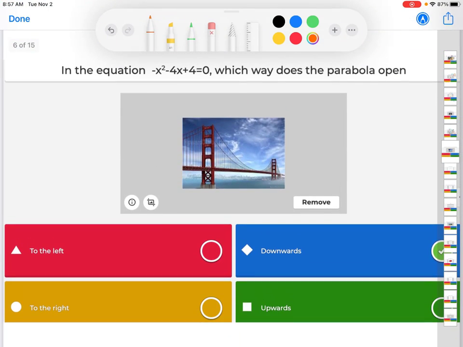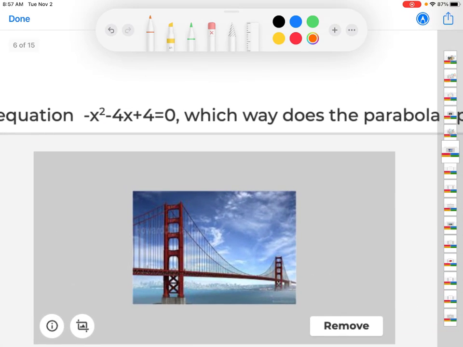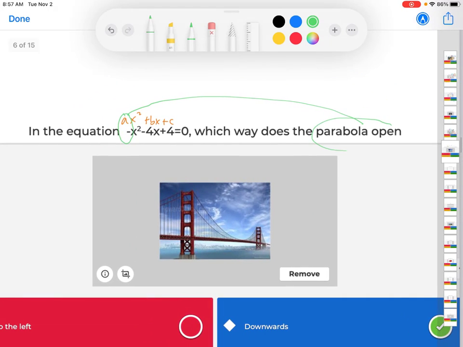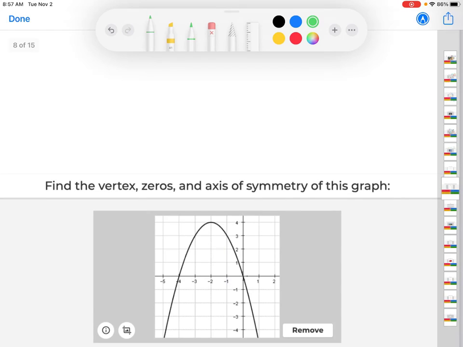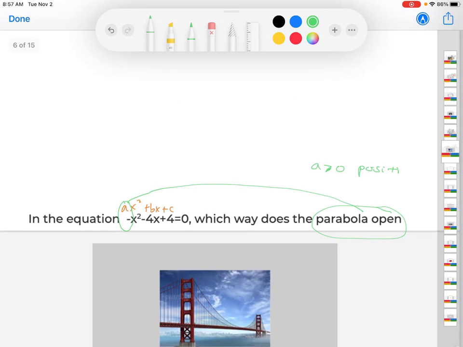Alright, in the equation, which way does the parabola open? So identify the a, b, and c. So if you notice how important that's been, identifying these coefficients. And this a value tells us how the parabola opens. If a is greater than 0, which is another way of saying positive, that means just like positive people, they smile.